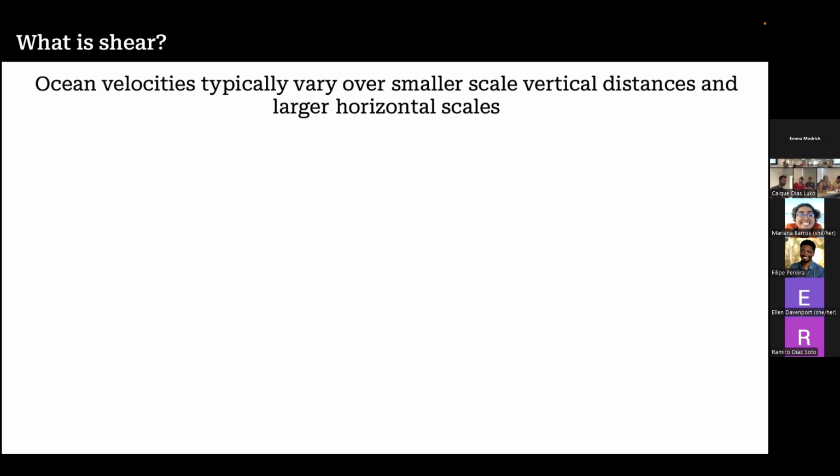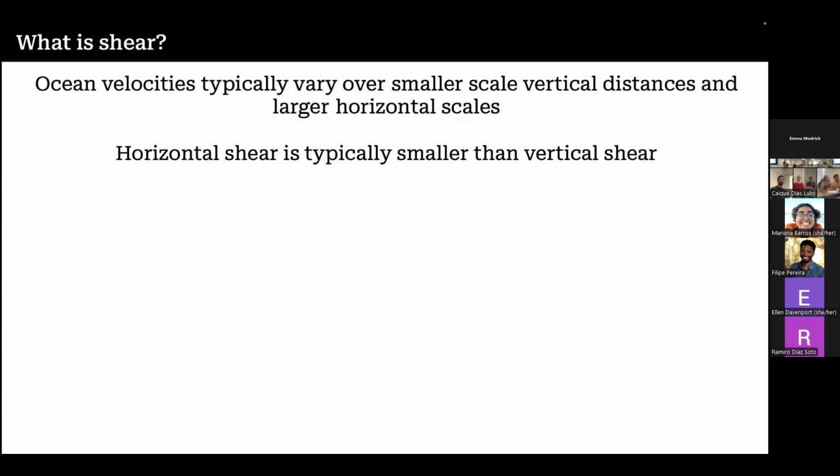And typically in the ocean, the velocities typically vary over smaller vertical scales and larger horizontal scales. So we end up with horizontal shear that's typically way smaller than vertical shear.